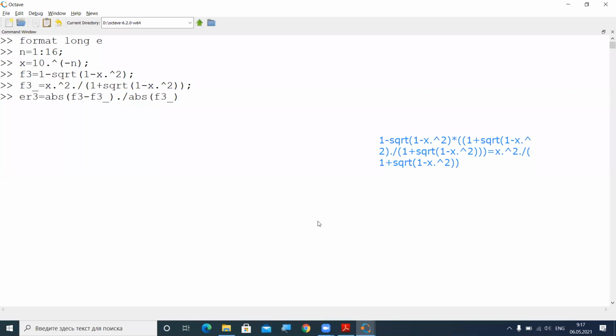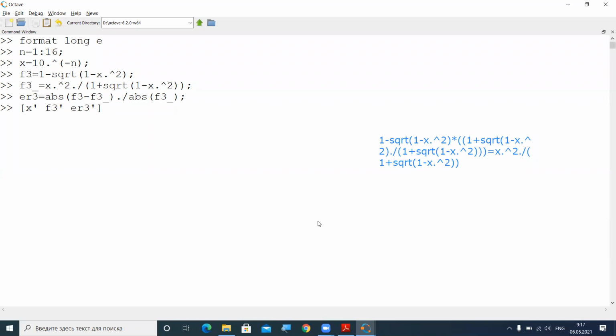So now let's show the result as a table. To do it, we need to use these square brackets, and here, for example, the values of x to be compared, and values of f3. You can add the new f3 also, or we just need the errors here, ER3.